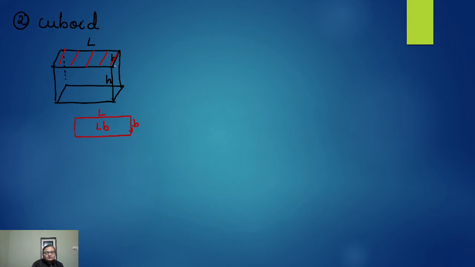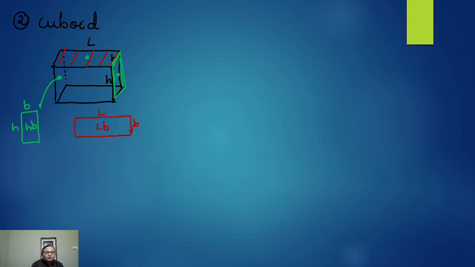Since we have height as well, for this rectangle, the two sides are height and breadth. So this will be height into breadth. So these are two rectangles with height into breadth. These two are length into breadth.